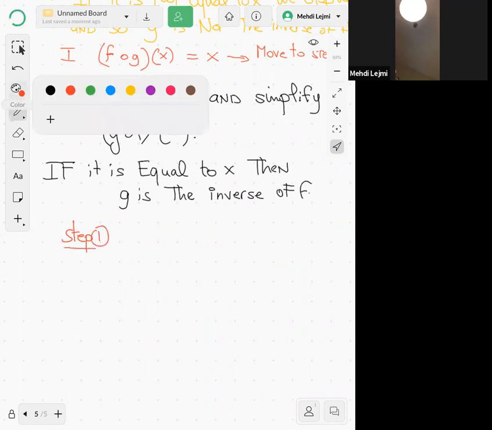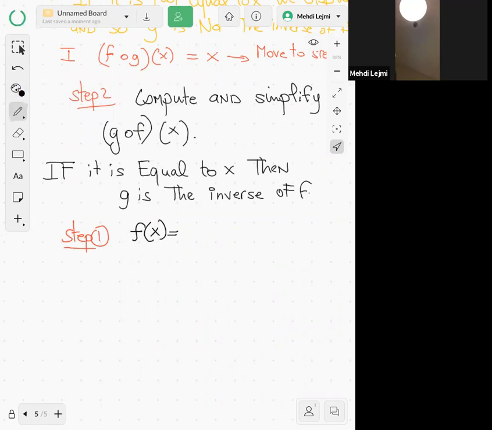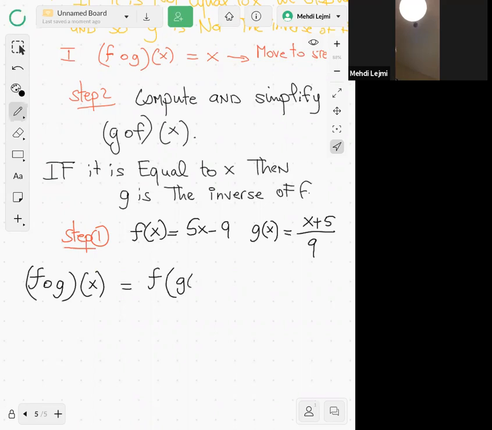I'm going to write again: f was 5x minus 9, and g was (x plus 5) over 9. In the first step, we have to compute f of g of x. So in f, I have to substitute the x by g.